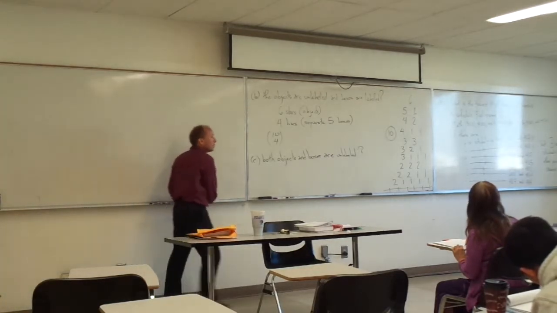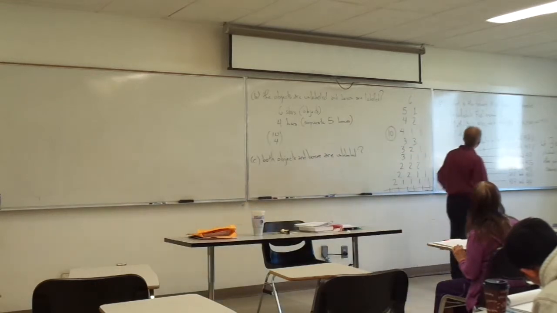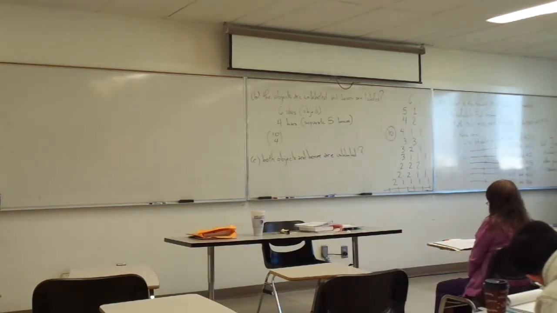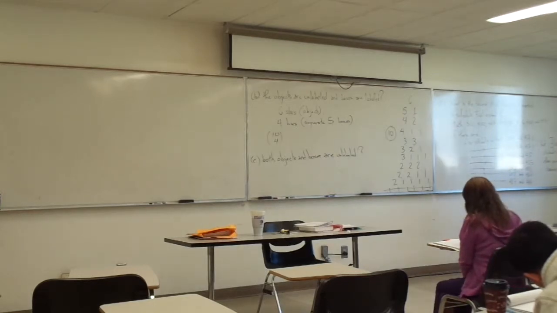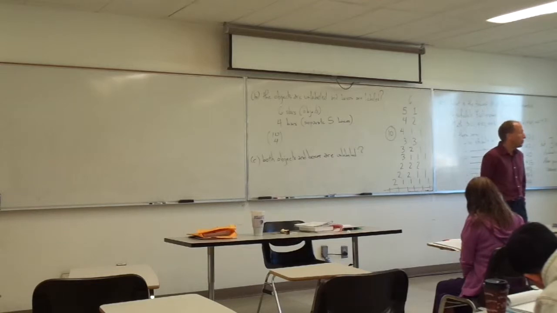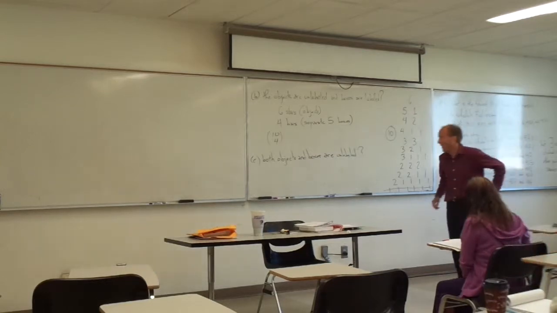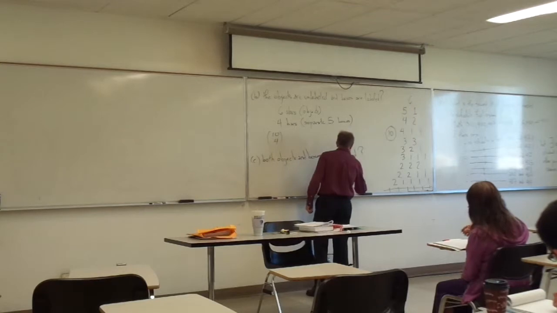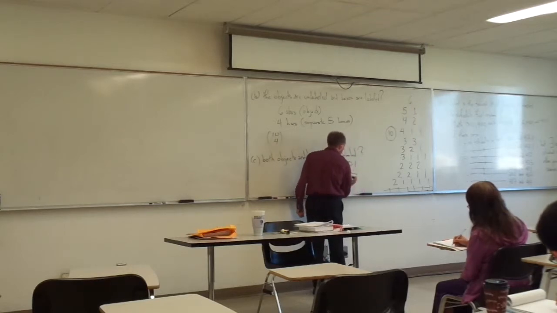So how many courses do I have listed here? I'm just curious. 2, 3, 4, 5, 6, 7, 8 courses. So if there's 8 courses, by the way, how many pairs of courses are there? 8 choose 2, which is? 28. Yeah, 8 choose 2, right? 8 factorial over 6 factorial, 2 factorial, right?